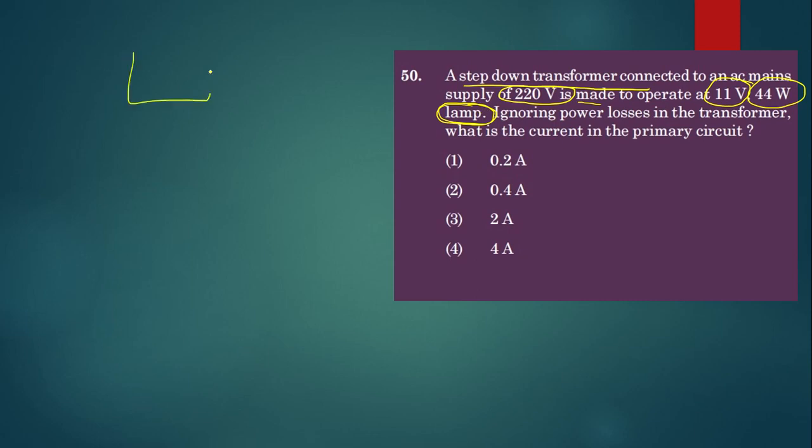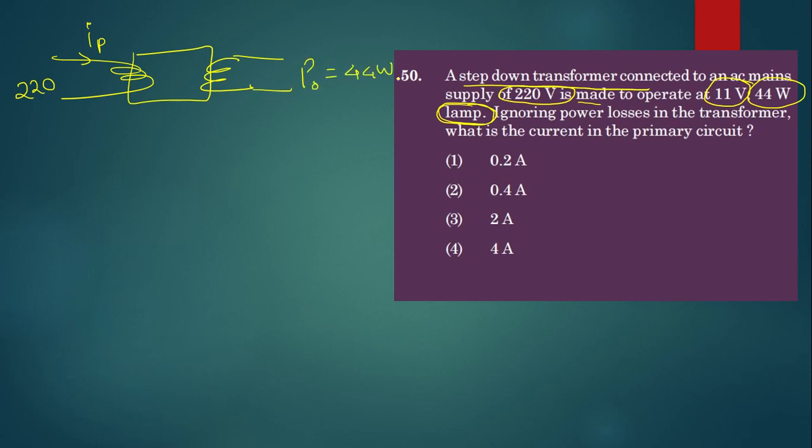So what we know is that, let's say this is the primary coil. Here our 220 voltage is there. Let's say primary current is Ip, and the output power according to the question is 44 watt. Ignoring the power losses, the input power should be equal to the output power.